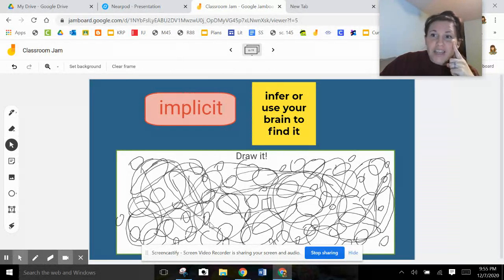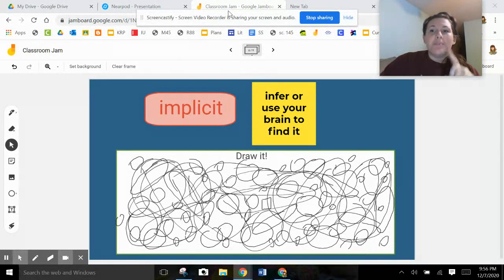You have to use your brain to find the hidden information. So this drawing has a lot of information in it. It's got a lot of stuff going on, but hidden in it is the implicit information, and that is the square that is in this picture. You have to really search for it. You have to use your brain to find it. You can't just say, oh, there it is. You have to scan the picture to be able to find it.